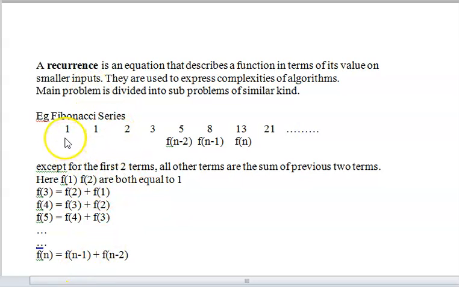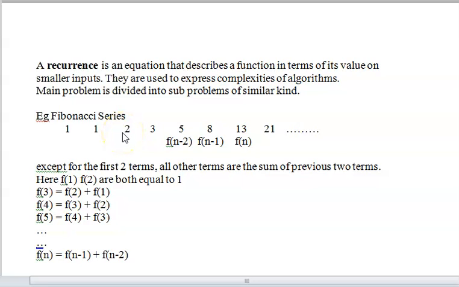The terms of the series are 1, 1, 2, 3, 5, 8, 13, 21 and so on. If we look into the series, we can see that a particular term is obtained by adding its previous two terms.